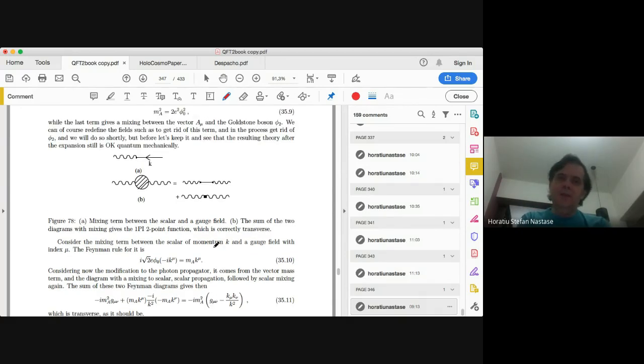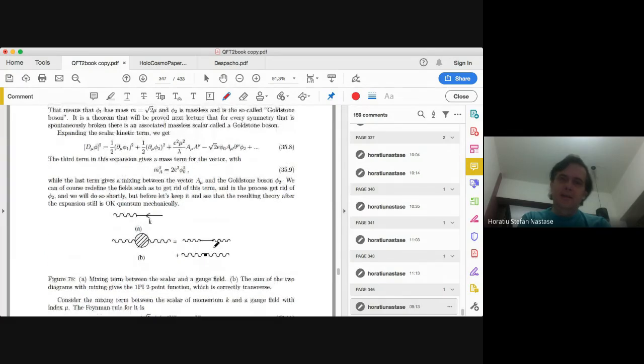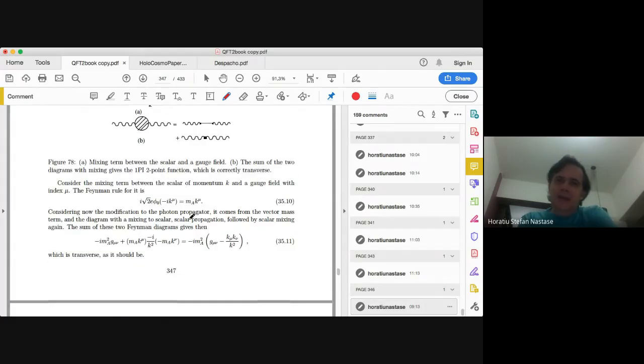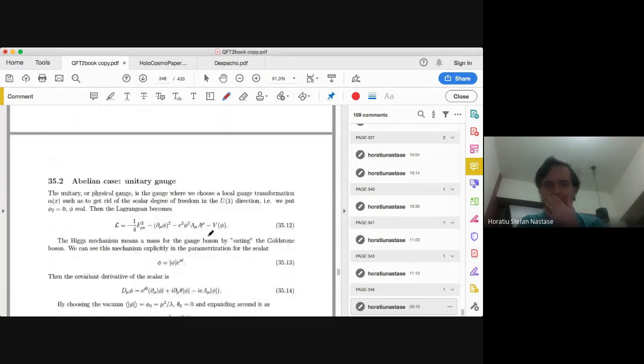So this shows that even though I expanded around a broken symmetry vacuum, the underlying theory is still gauge invariant. So I still have transverse 1PI quantities. Okay.